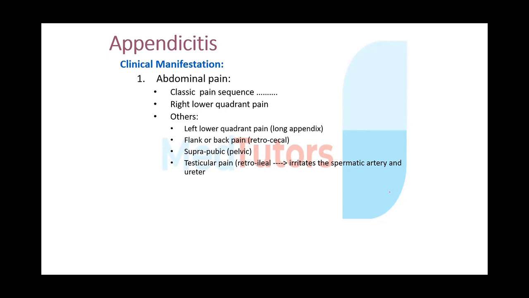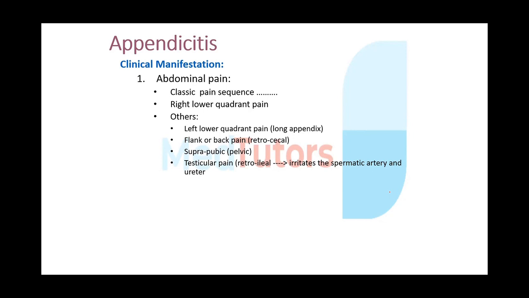Now, we mentioned, why does the pain start from the periumbilical area? It's because the periumbilical area and the appendix have the same nerve root.